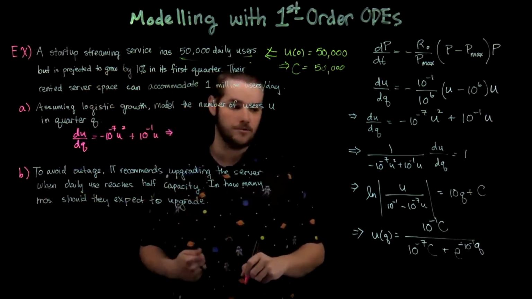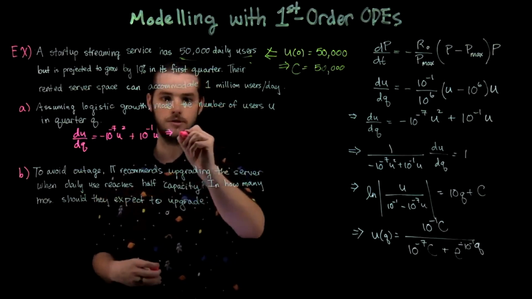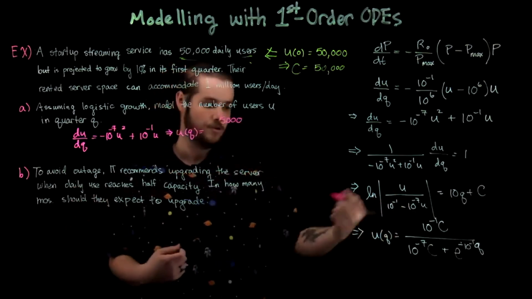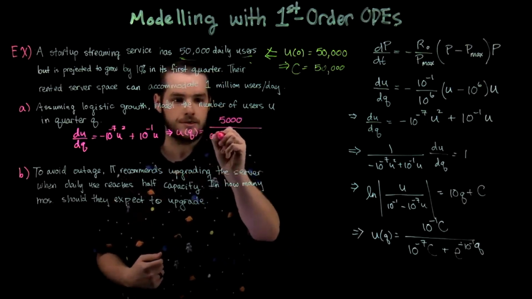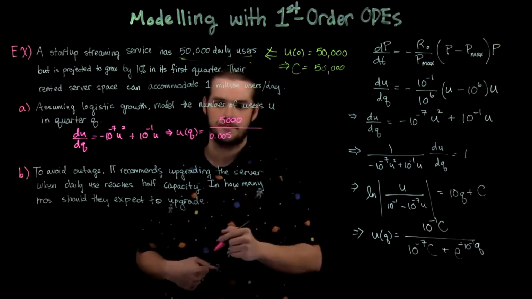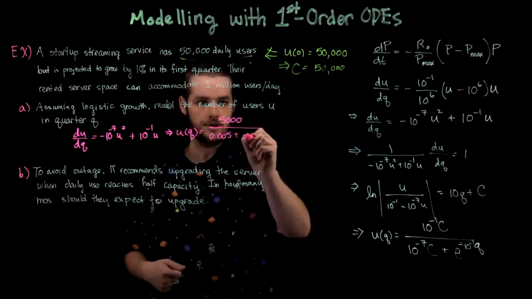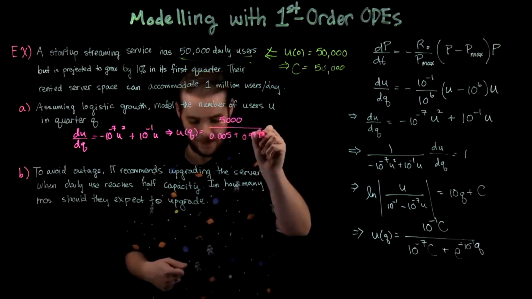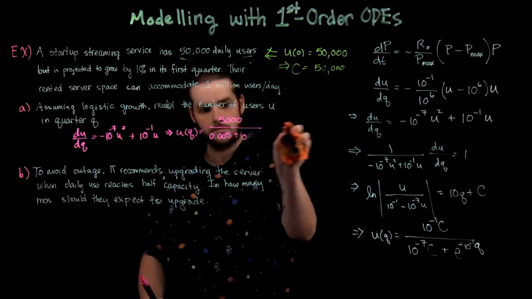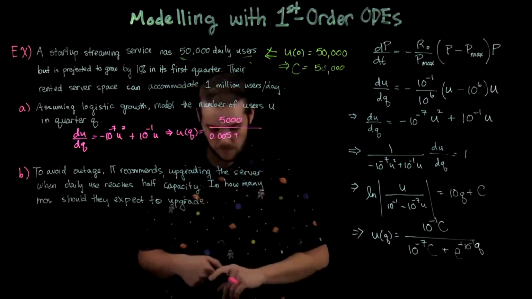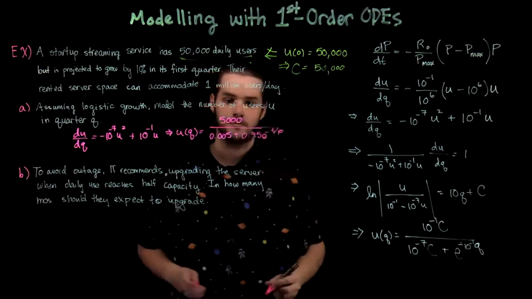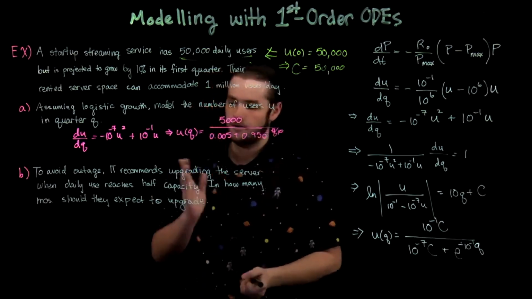But we found that it has the solution u of q equals 5,000, if I multiply 50,000 by 0.1, over 0.005, if I move the decimal place 7 to the left, plus 0.9995 plus 0.95 e to the negative q over 10. Here's our model.